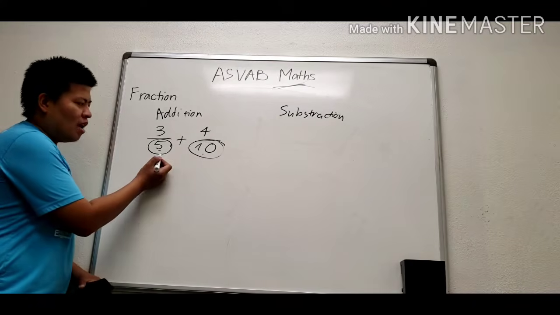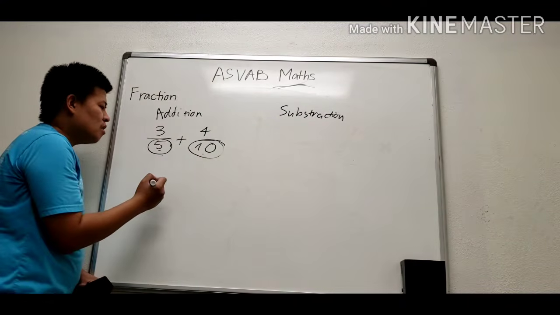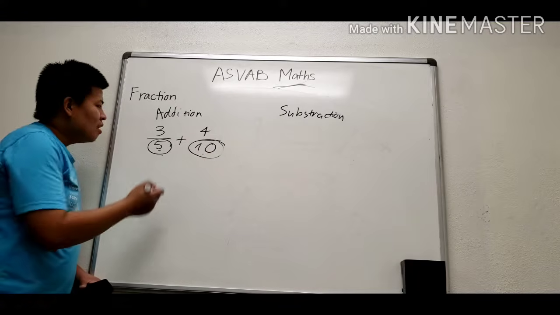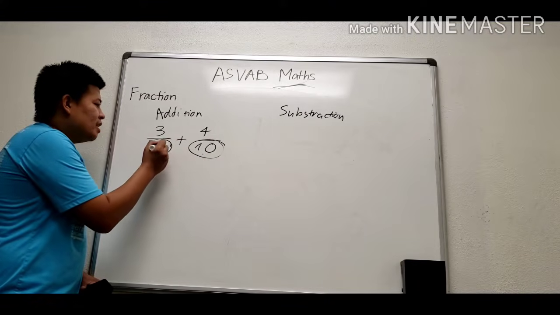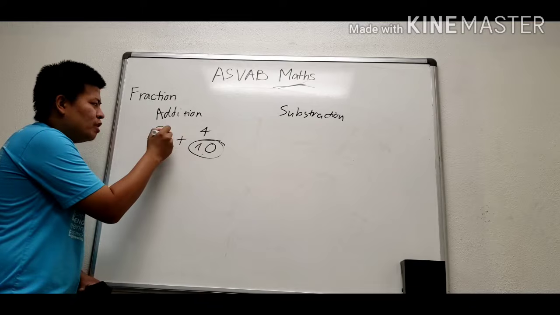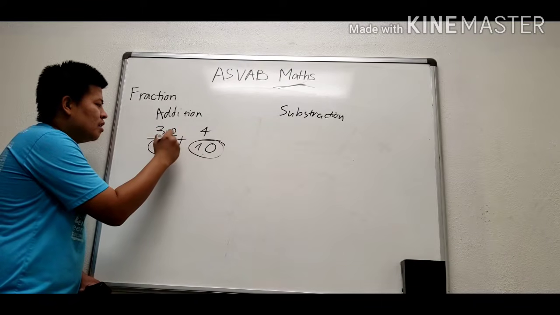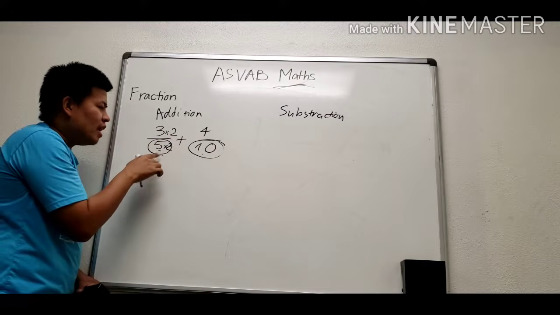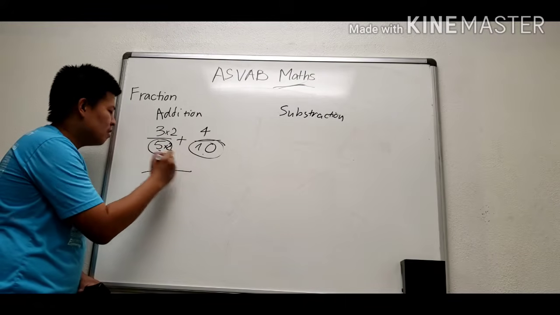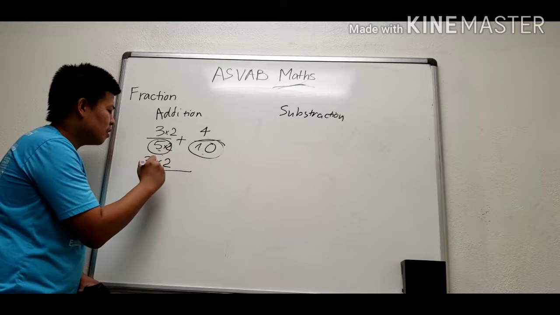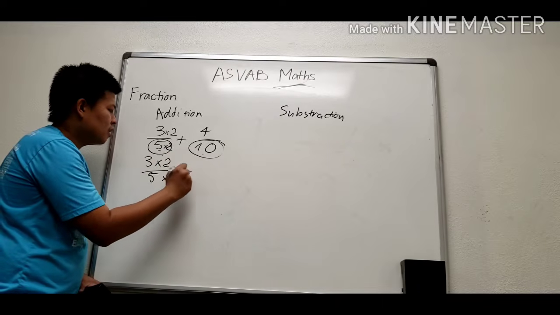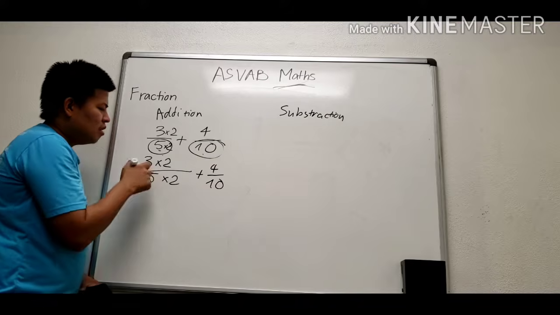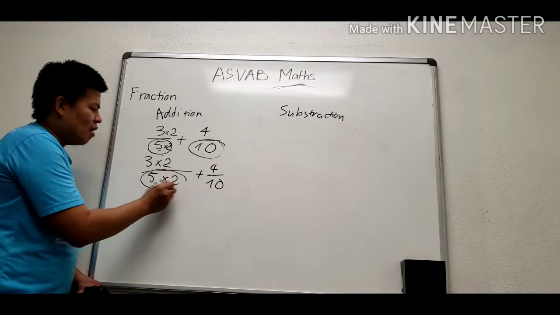In here we have 5 and 10, but the numbers 5 and 10 are not the same. However, we can see that if we multiply by 2 in the numerator and denominator, we can get 10.